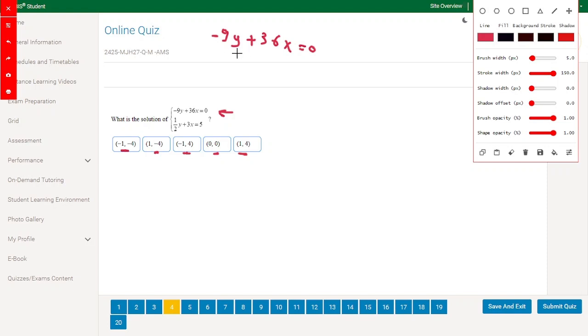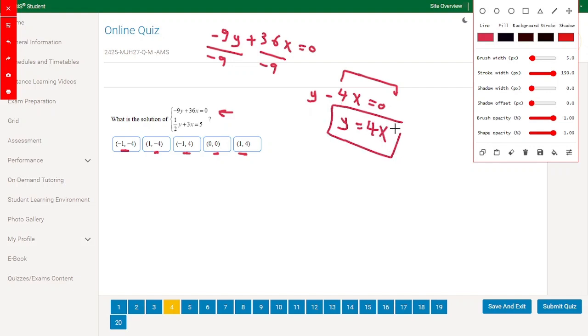So let's divide by minus 9 and simplify this equation. So we'll have y minus 4x equal to 0. So 4x will go to the other side, so y will be equal to 4x. Okay? So y here equals 4x.